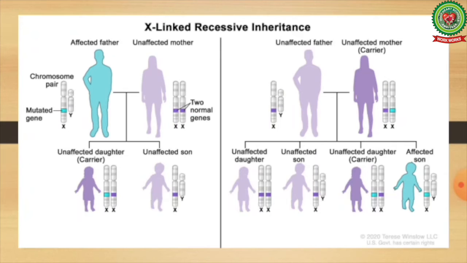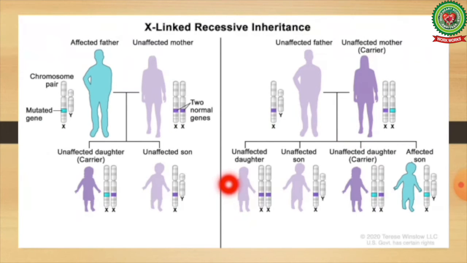Consider the following cases of X-linked recessive inheritance. When a colorblind male is married to a female with normal vision, all the daughters of such a couple will be carriers of the defect and all the sons will have normal color vision. Consider the next case, when an unaffected male, a male with normal vision, is married to a female carrying the abnormal gene.